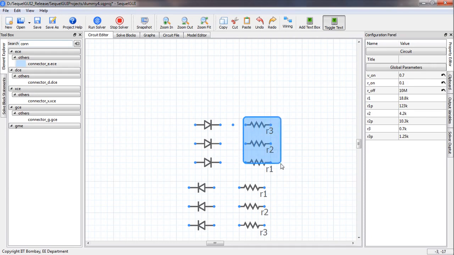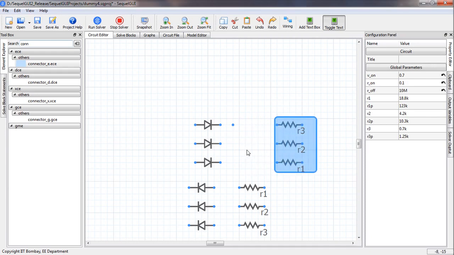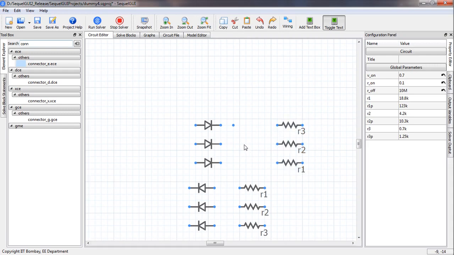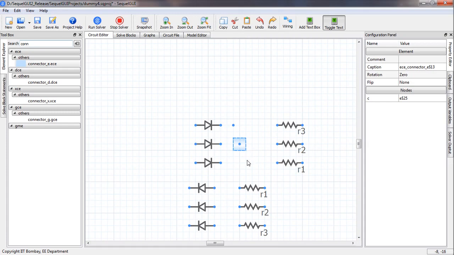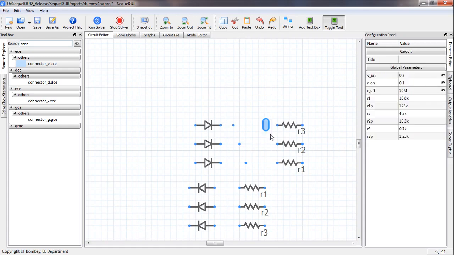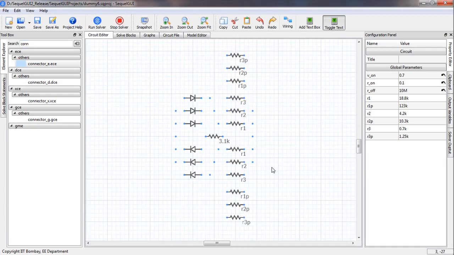Alright, so let me move these and place some additional connectors like that. Okay, move this back. So that is what we got, and we will do the same thing for this bank of resistors as well.